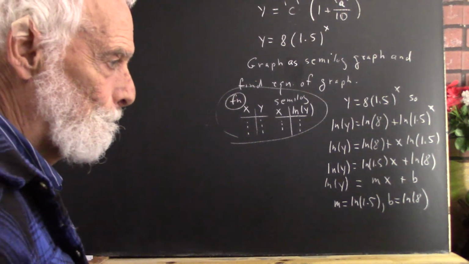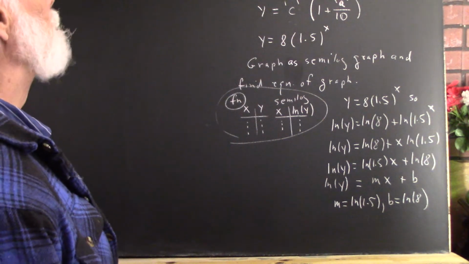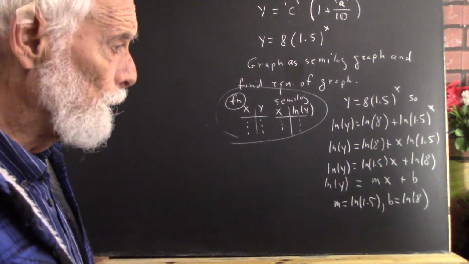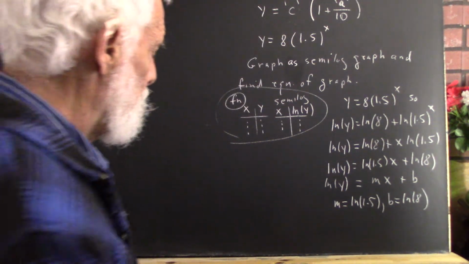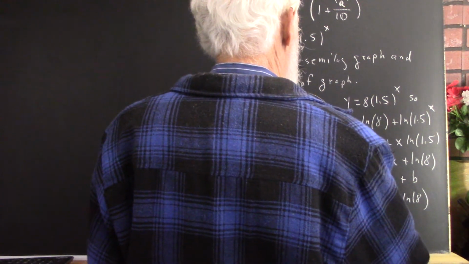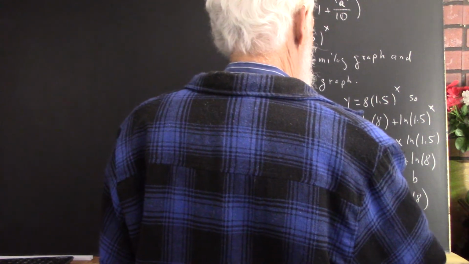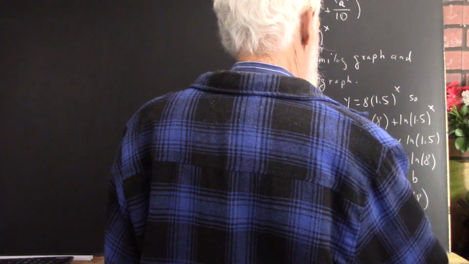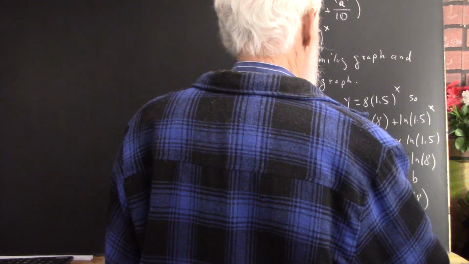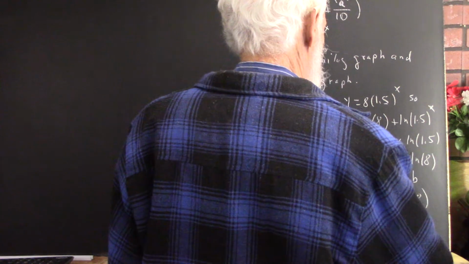Okay? Now the natural log of 1.5 is probably 0.4 something. So I'm going to say that's approximately, I'm going to guess 0.42 plus, that's going to be about 3.1 maybe.